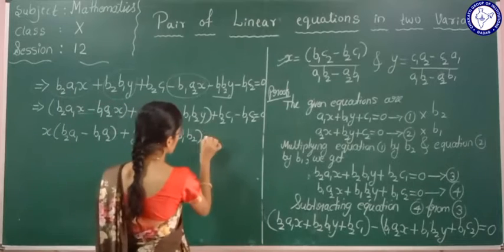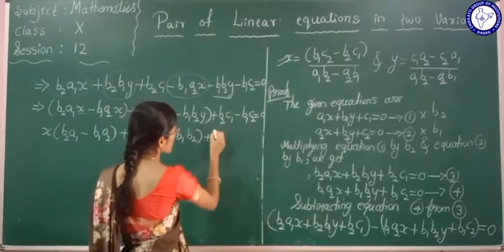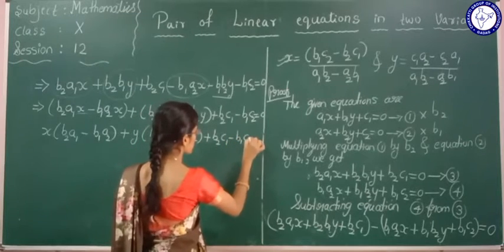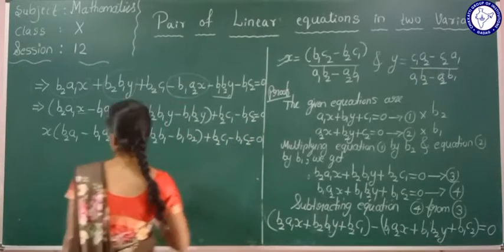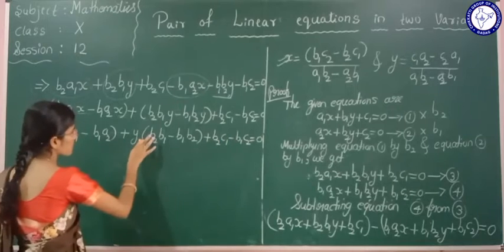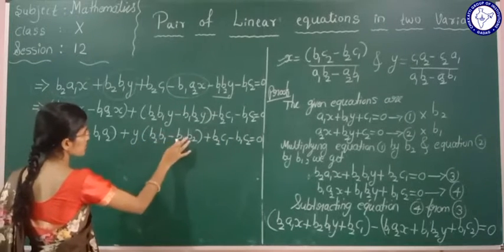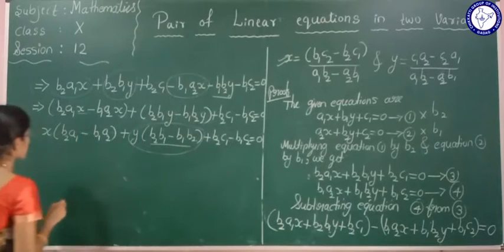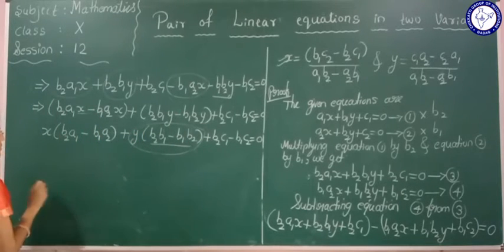Here, b2c1 minus b1c2 is equal to 0. Now see here, b2b1 minus b1b2 is nothing but 0. So this term is going to be reduced, yes or no?